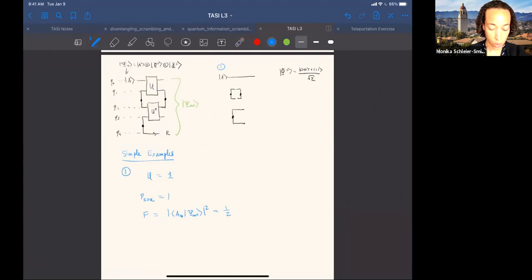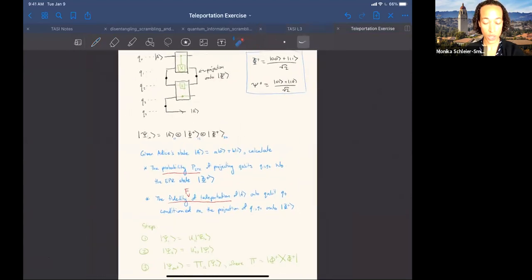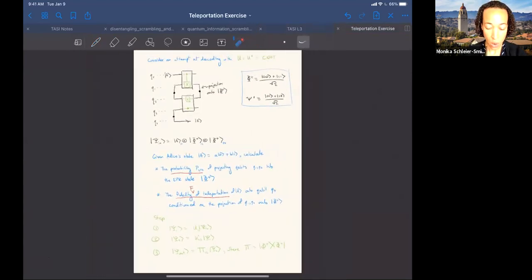The second example we'll do is consider the case where this operation is a CNOT gate. That's just to give an example of what might happen if we have a simple gate that entangles these two. I don't really want to use a random unitary, since it's annoying to calculate. I want to give some intuition from a simple case. So if I had, for example, a CNOT gate here, then U here is my CNOT gate.